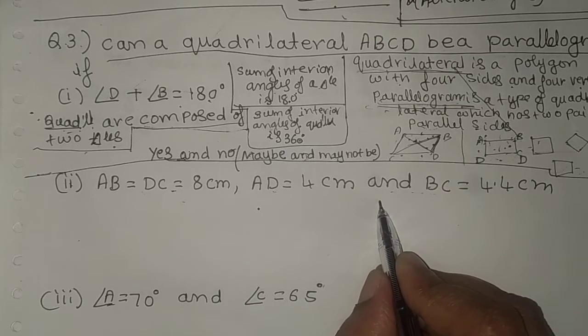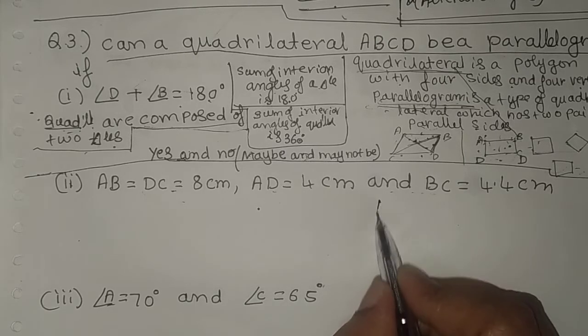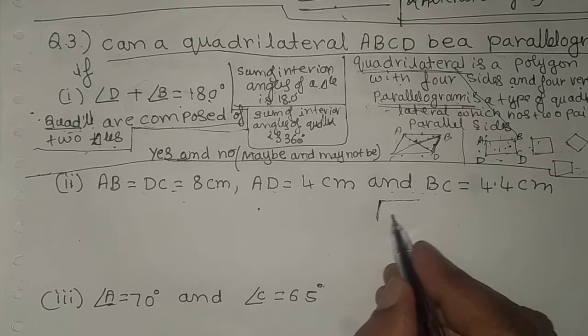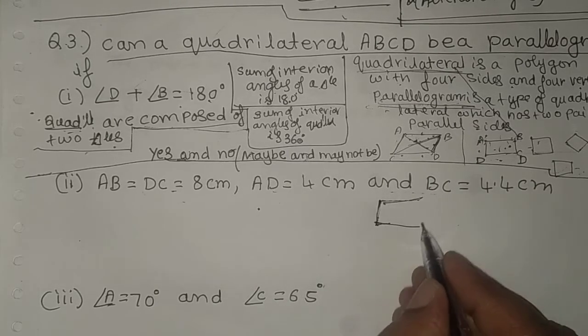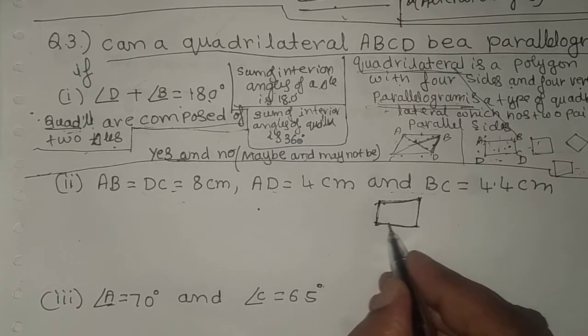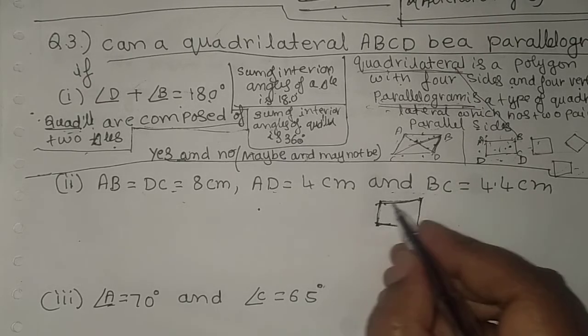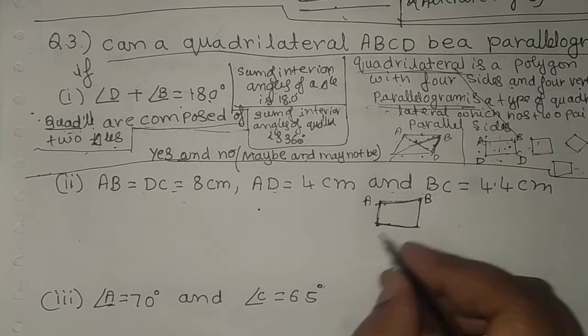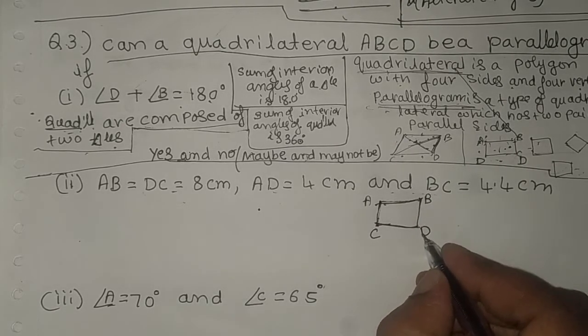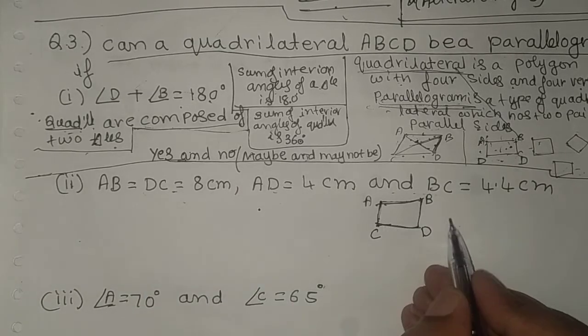So I'll just write this one. Consider this as an example, a quadrilateral ABCD. We'll substitute the values given here.